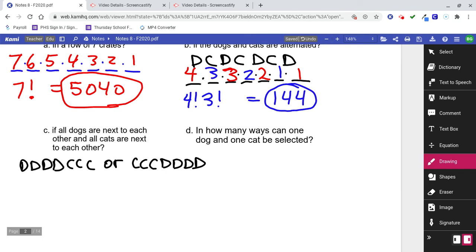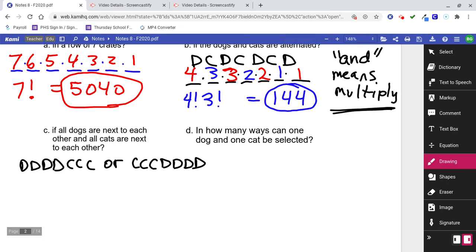And that brings me to an important point. Earlier I told you that when you see the word and, we think about the word times. So and means times or multiply. That's the fundamental counting principle.